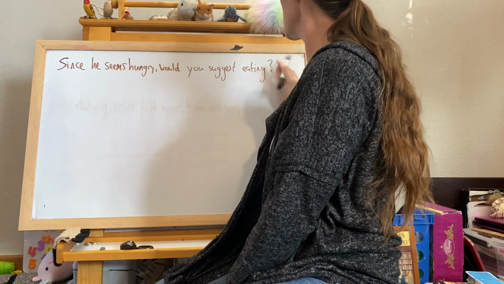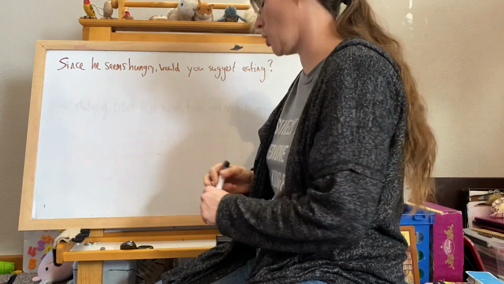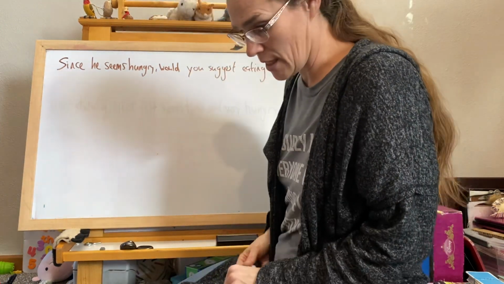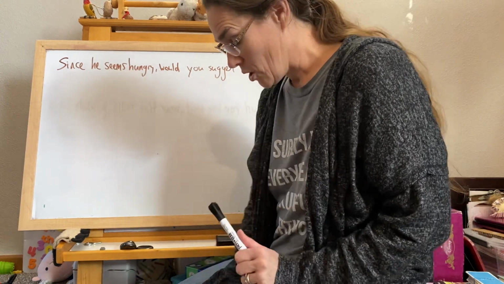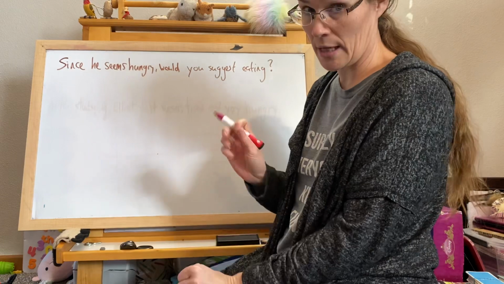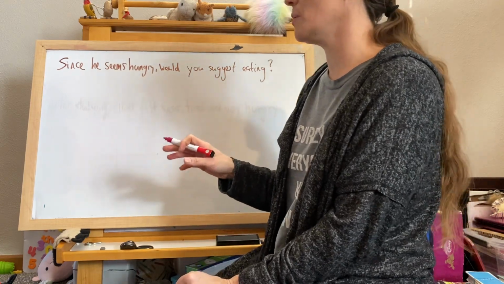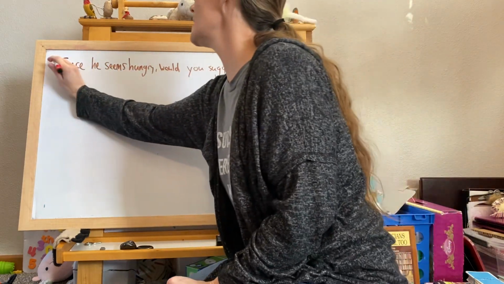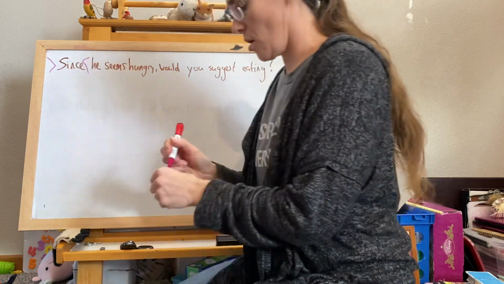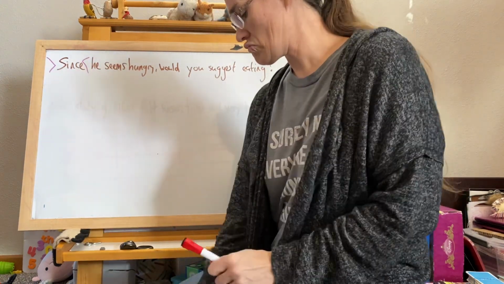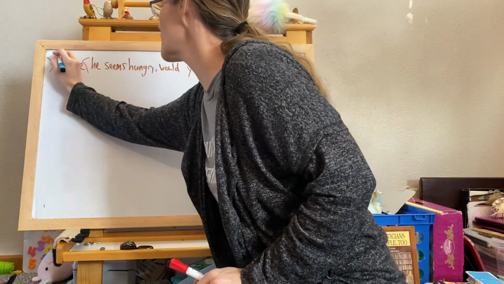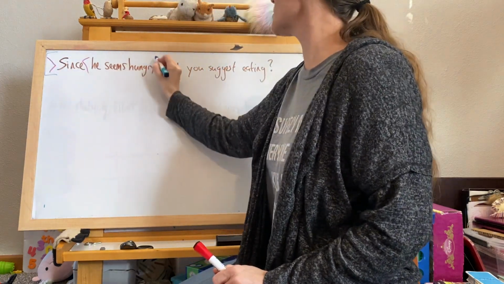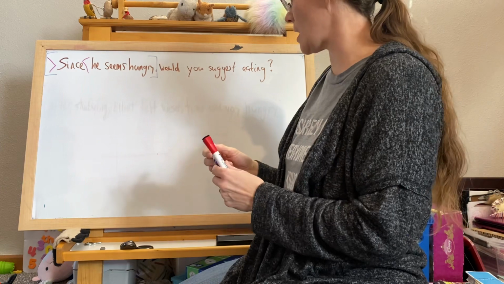This sentence is interrogative because it's asking a question. This sentence does not have any phrases. I do see a subordinating clause, right? WWW, when, while, whereas, since, although, unless, because. Since he seems hungry, there's our subordinate clause.